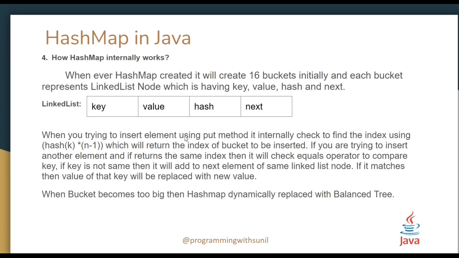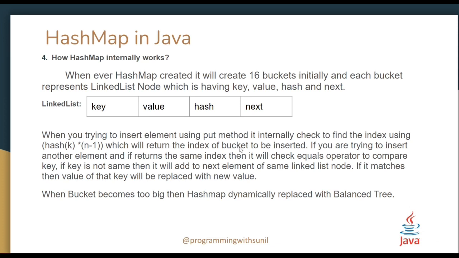So when you are trying to insert an element using the put method, it will internally calculate the index of the bucket using hash of key and n-1. So it will return a bucket index, and whatever key and value you are inserting will be inserted into that bucket.